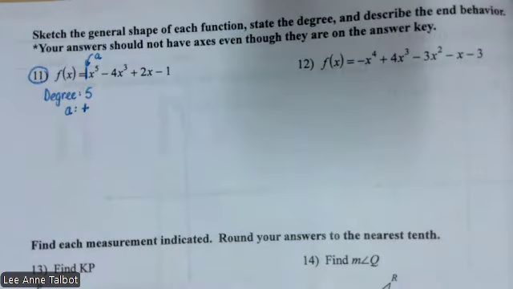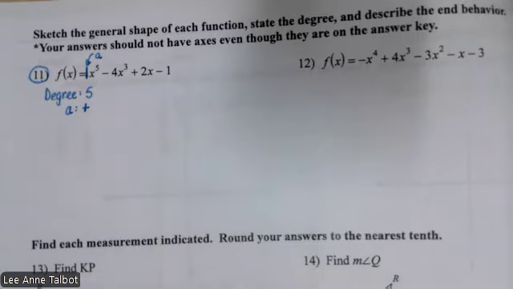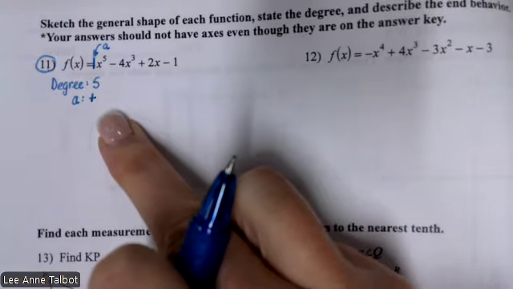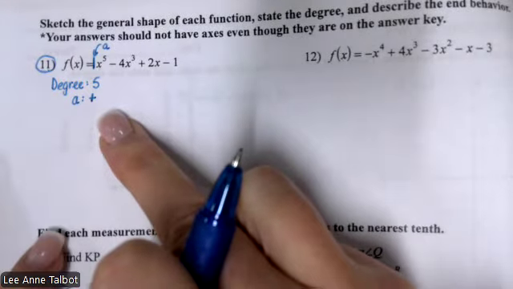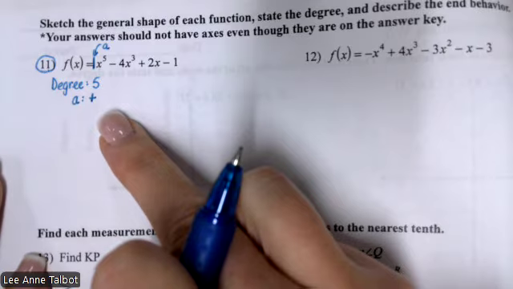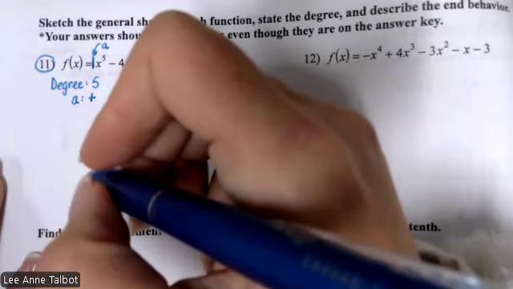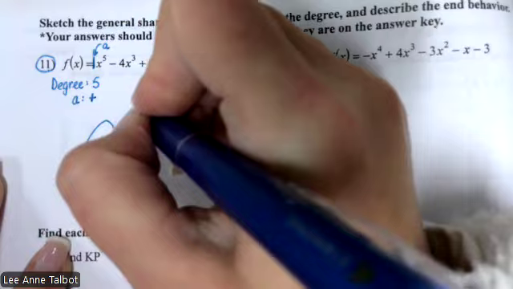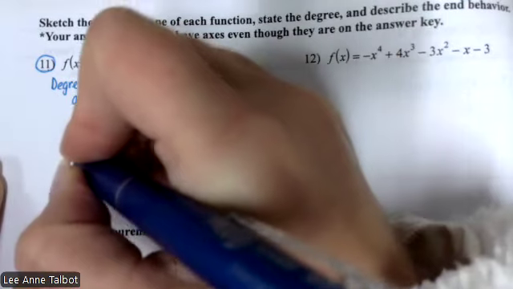Okay, now yesterday's notes, we said that if you have an odd degree, that positive A kind of acts like a positive slope, and it's kind of going uphill over time, which means that I need to start low and end high. So I'm gonna go 1, 2, 3, 4, 5.